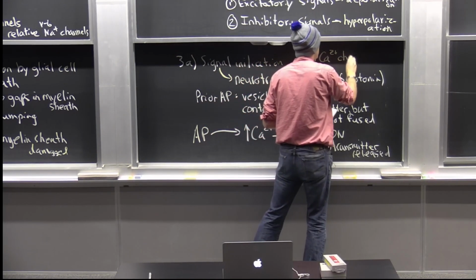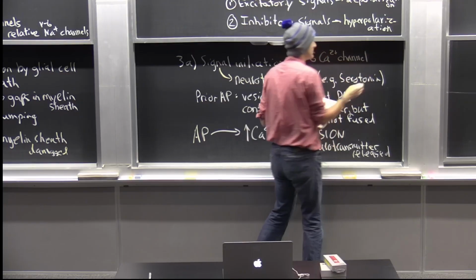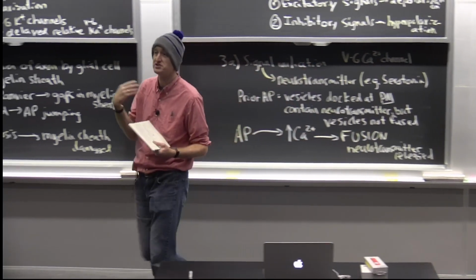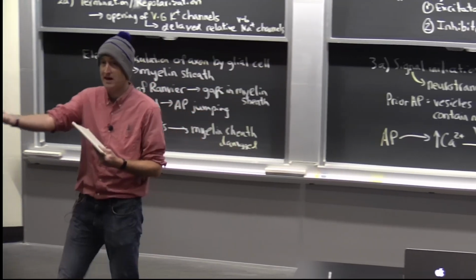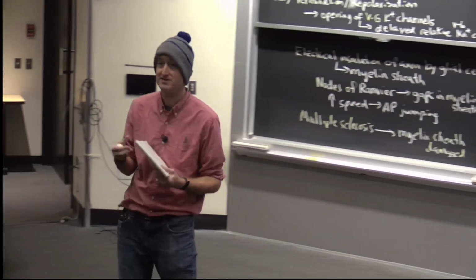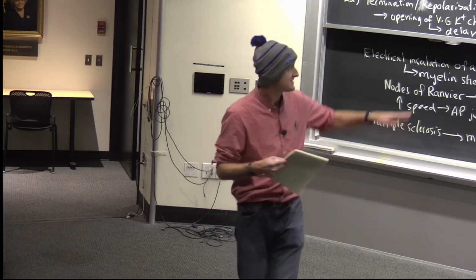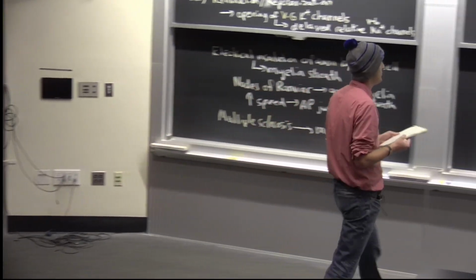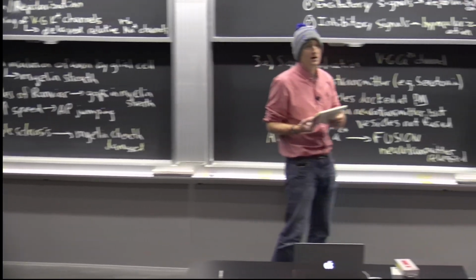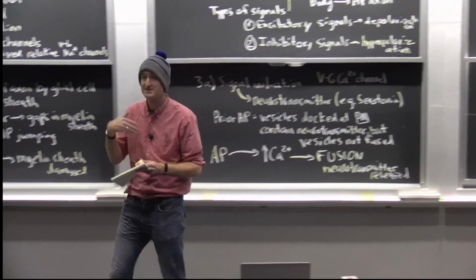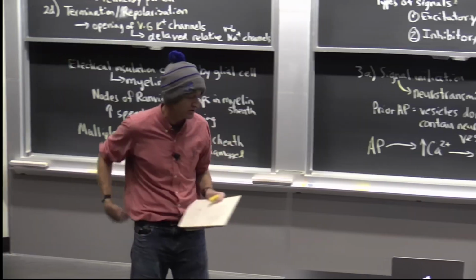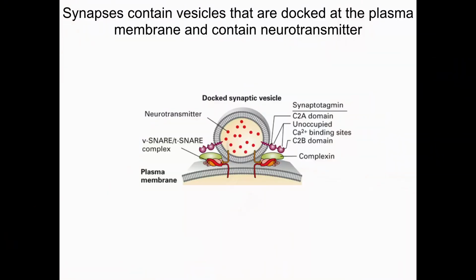All these channels are very selective for different ions. A voltage-gated sodium channel isn't letting in all of the ions outside the cell. It's selective to sodium. In this case, this voltage-gated calcium channel is just going to let in calcium, and then there's a mechanism that links calcium entry to vesicle fusion. And that's going to be shown here.